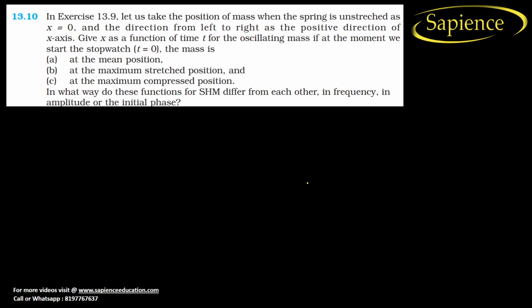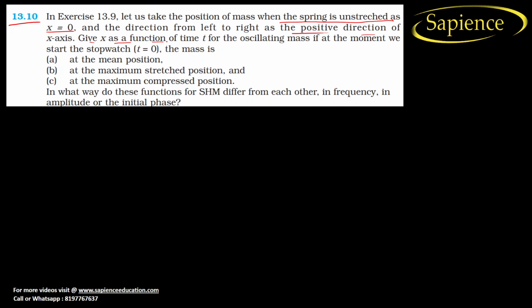Now let us do question number 13.10. In exercise 13.9, let us take the position of the mass when the spring is unstretched as equal to 0, and the direction from left to right as the positive direction of the x-axis.